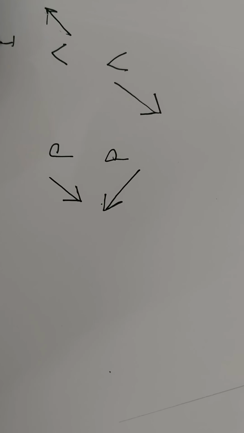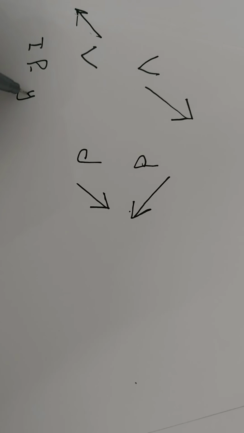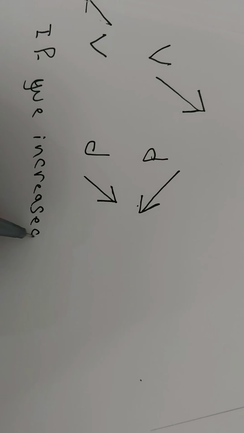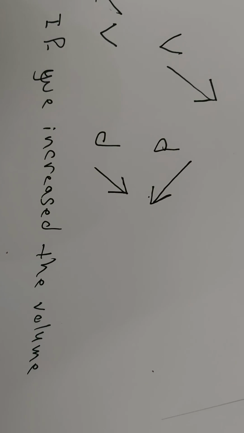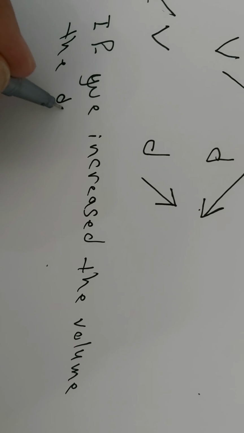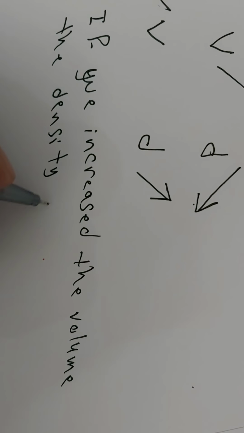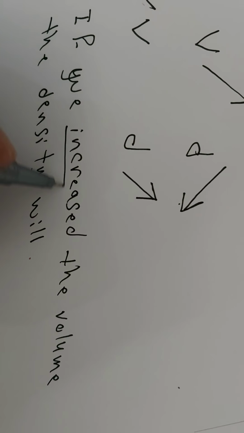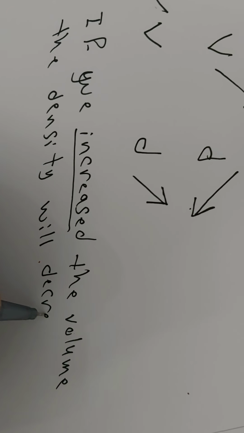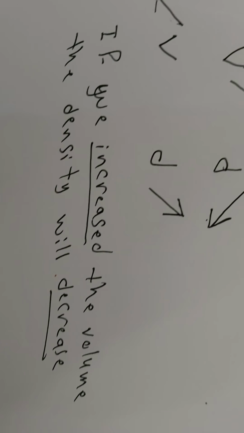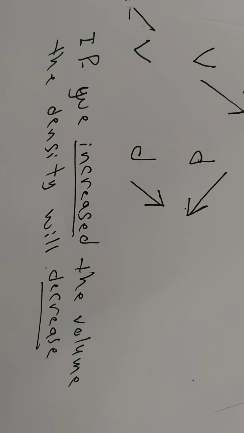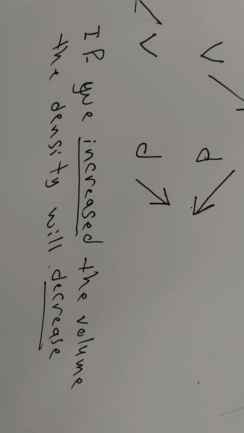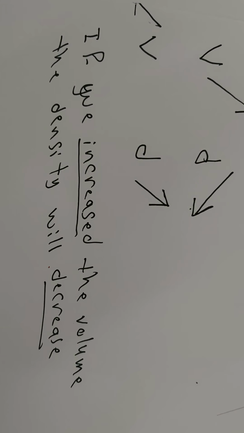So if we increase the volume, the density will decrease, and the opposite is correct: decrease, then increase. So we can change the density of objects by changing the volume of the object.